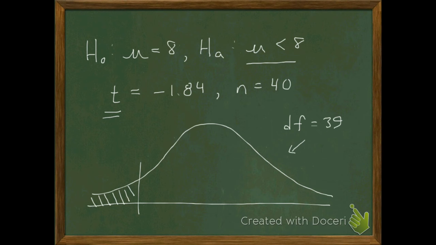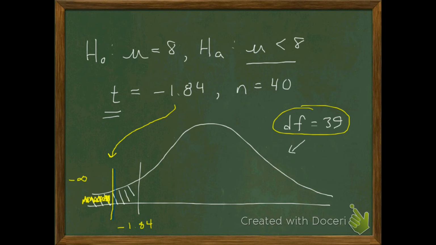So come in here, and the p-value. Oh, that was just lovely. Let's choose yellow. Maybe that shows up better. The p-value of the test statistic that we have here is going to be the area to the left in the tail. So I need to find the area from negative infinity all the way up to negative 1.84 using the t distribution, degrees of freedom 39.